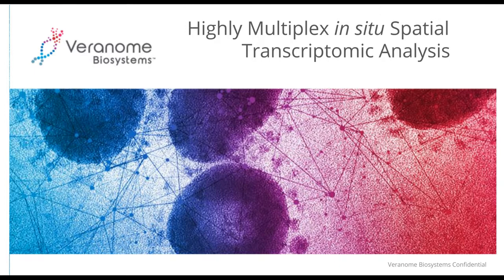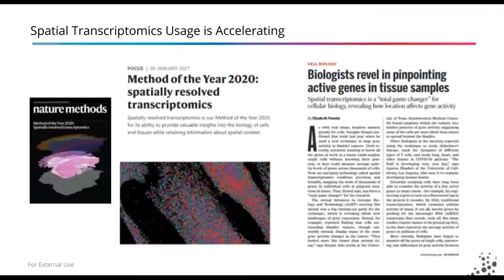Again, my name is Chris Streck, and I'm going to give you a very brief overview of the Veranome Biosystems solution. As you have probably seen, with the advent of single-cell sequencing, there has been a drive farther in the direction to get higher resolution and a higher level of detail in analysis of individual tissues.